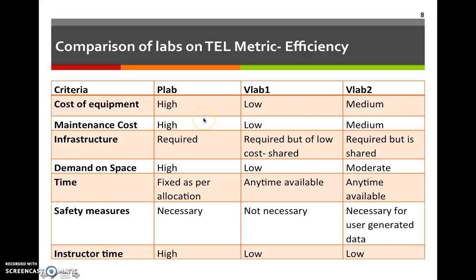If you see this table, you can see that VLab 1 has the lowest of all the scores, and VLab 2 also has a low or medium score in most of the metrics. So that is why people are using virtual laboratories to increase the efficiency.